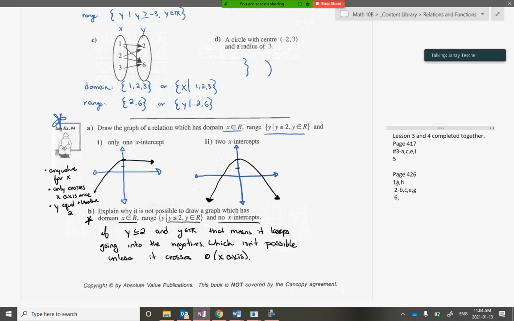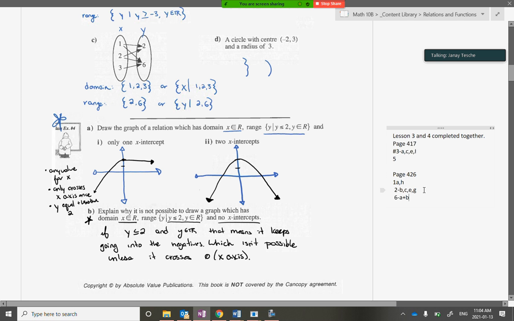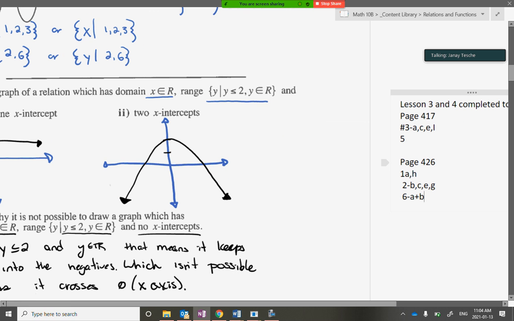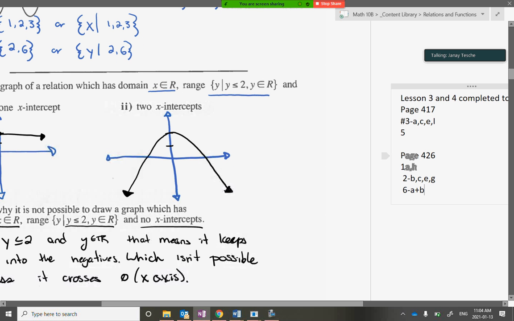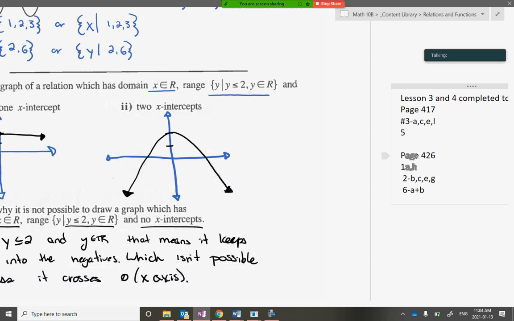And then all of 6. 6 is just an A and a B. Okay, so that makes it a little bit less. Make sure you're circling those specific ones. If you're struggling, should you do more? Yes. Yes, you should.